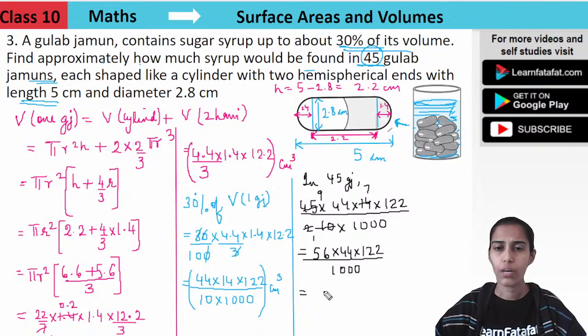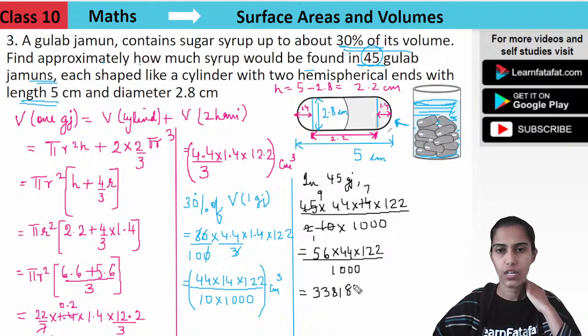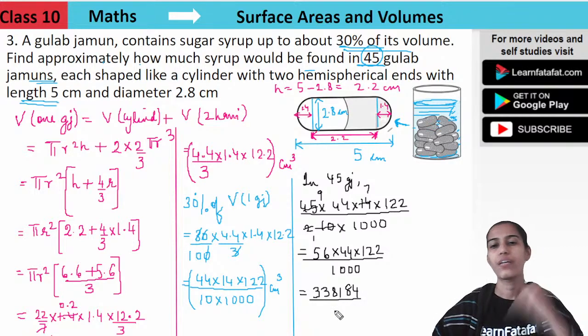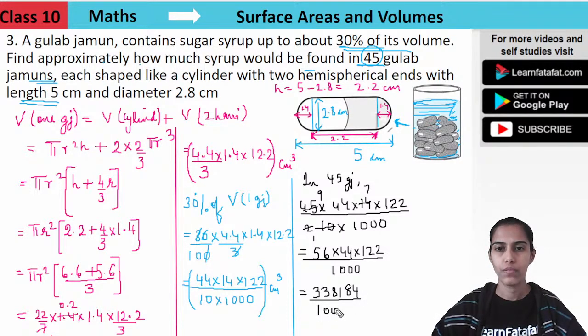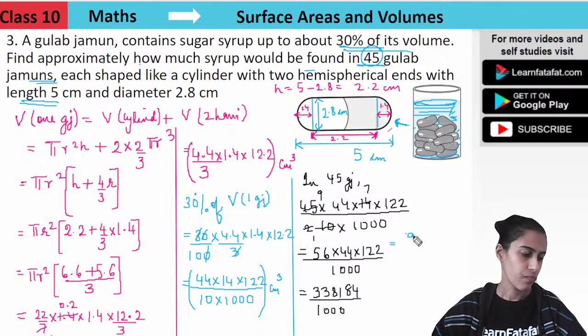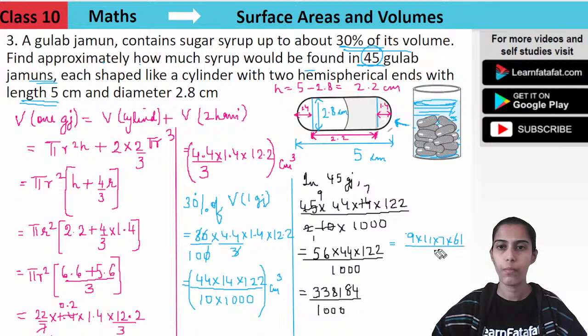When we multiply these three numbers, you get 338184, 338184 divided by 1000. Let me tell you, I had cancelled this one also. If you cancel further, finally you will be left with 9 into 11 into 7 into 61 upon 5 into 25.